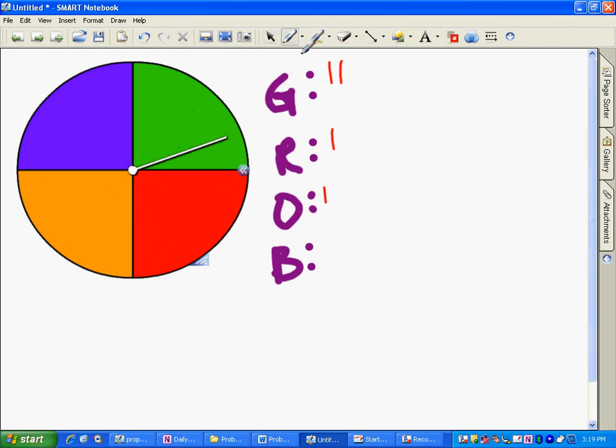All right, so then it landed on green. And we got an orange. And there's our blue.